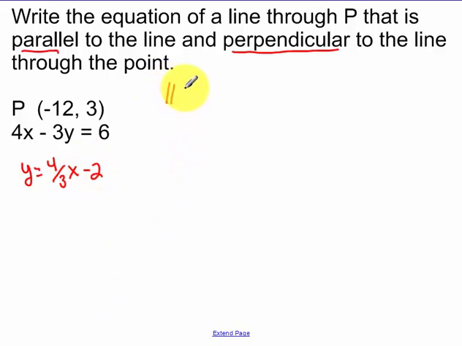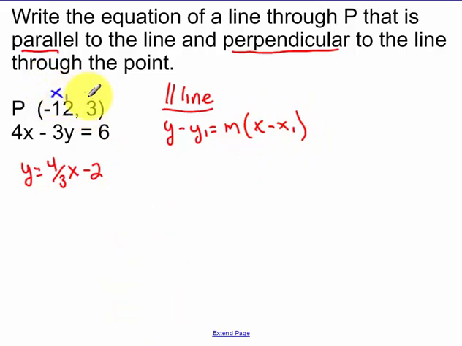so now our parallel line has the same slope. I'm going to use point-slope form. So y minus y1 is equal to m times x minus x1, where this is x sub 1 and this is y sub 1, since those are the points that you're going through. So we have y minus something is equal to m times x minus something.